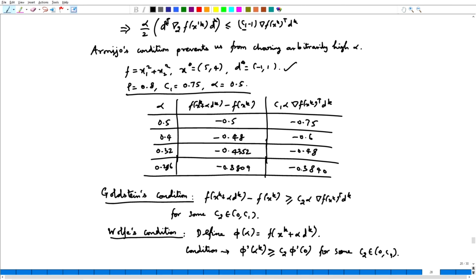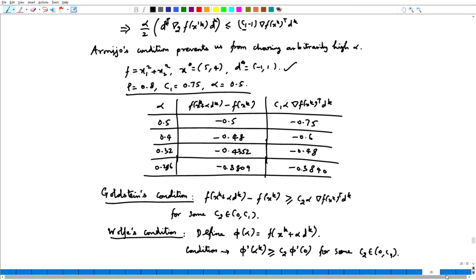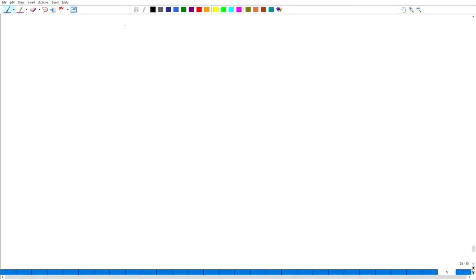These two conditions are similar, not exactly the same, but quite similar. If you want to understand why, you can write phi dash of alpha as d k transpose del f of x k plus alpha d k.